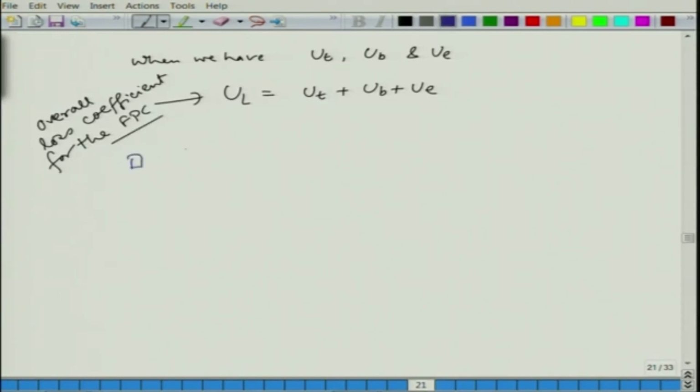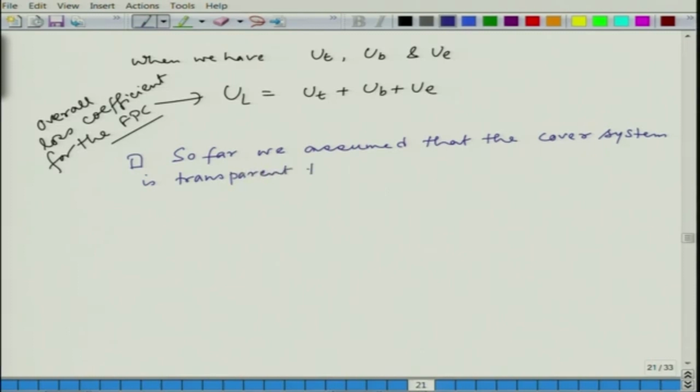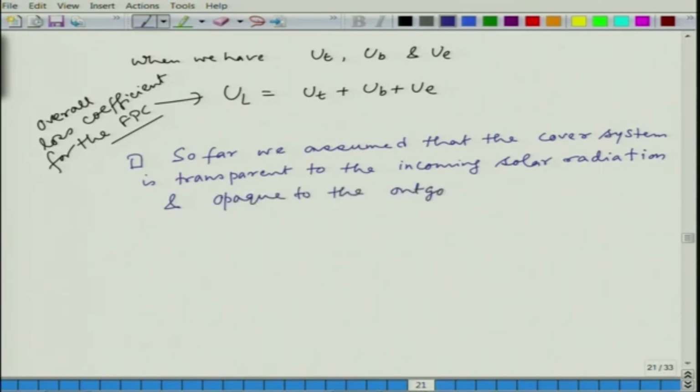Here two small points I need to mention. So far we assumed that the cover system is transparent to the incoming solar radiation, and it is opaque to the outgoing long wavelength radiation from the plate.